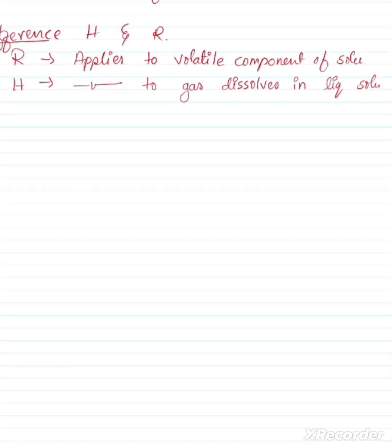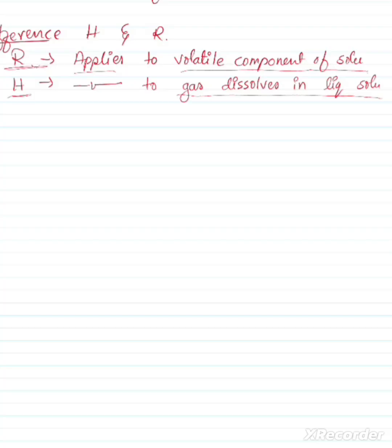Henry's law applies to a gas that dissolves in a liquid solution. Understood? So the first difference, if they are asking, you can write: Raoult's law applies to the volatile component of a solution, and Henry's law applies to a gas dissolved in a liquid solution.